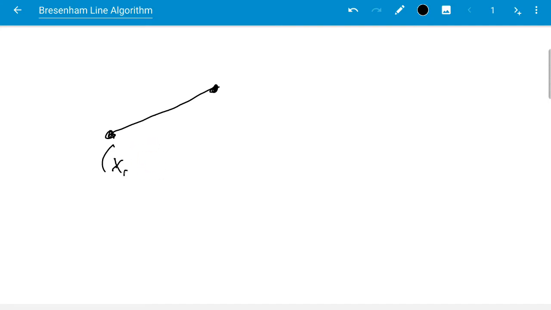Let's call this x1, y1, and this one is x2, y2. We know that the slope can be defined as the rise over the run. So the rise is the vertical change, and the run is the horizontal change. If I want to find the difference between these 2 points, I subtract their coordinates.